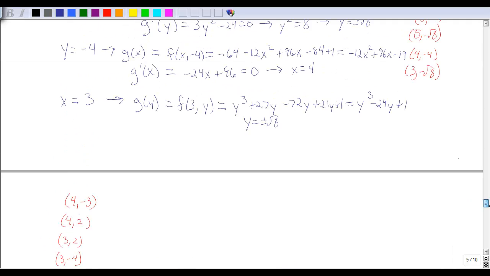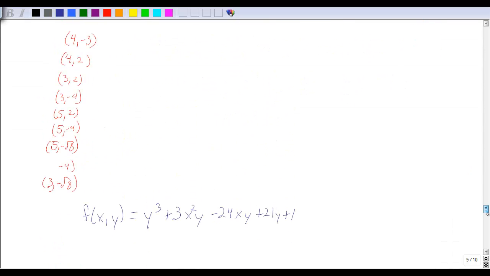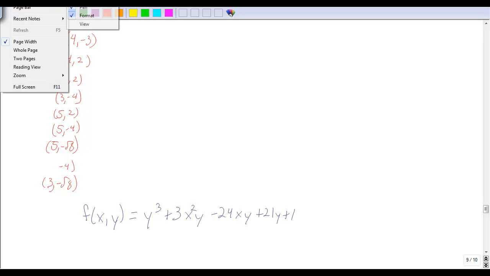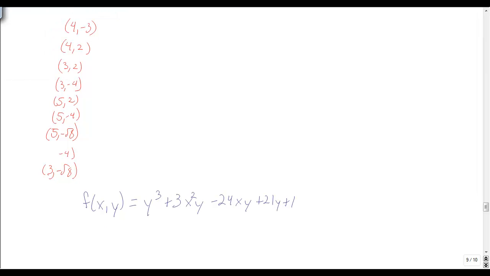It looks like the second to last one, that's the 4, negative 4, didn't get copied appropriately here. So let's just add 4, negative 4 in. Okay, so we've got 1, 2, 3, 4, 5, 6, 7, 8, 9 points, and we want to evaluate them at our f of x y, this function down here.